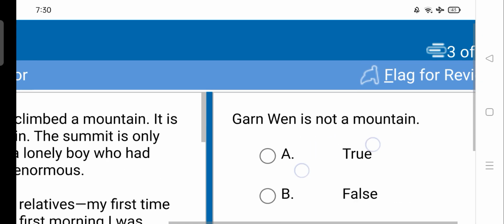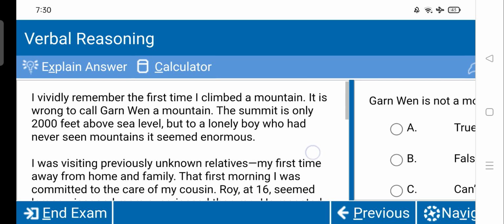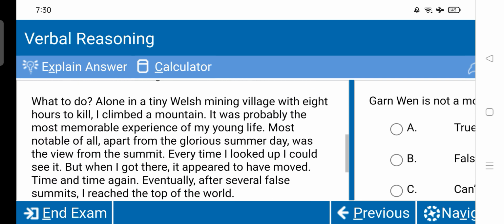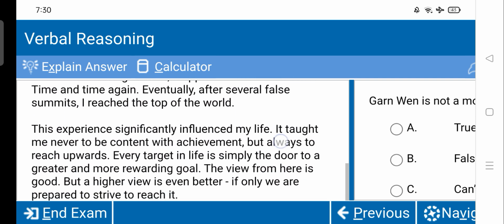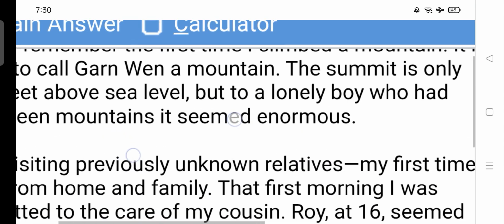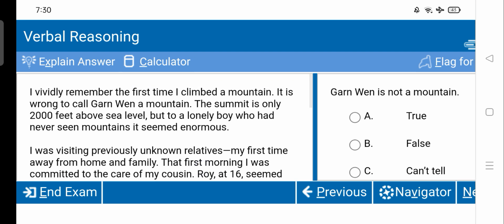We can use them to find our answer from this. Again we have the same passage, you can see. Now here we have Gonville and mountain.